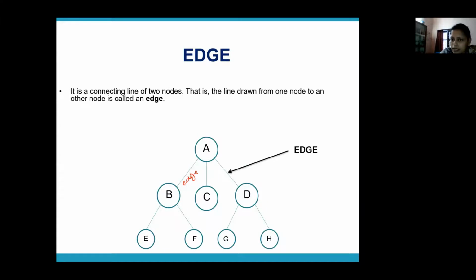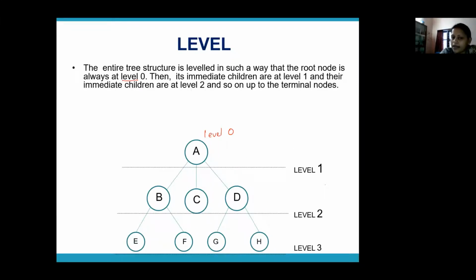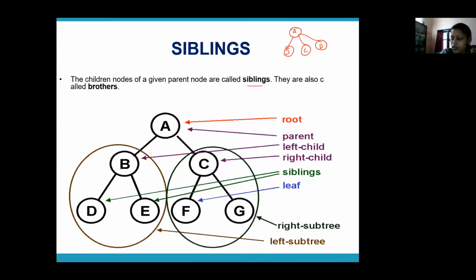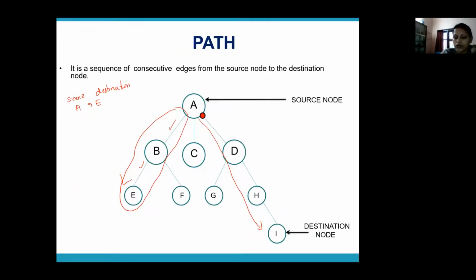Edge is the connection between two nodes. Level, the whole tree structure is leveled such that the root node belongs to level 0. The immediate children of the root node belong to level 1 and so on, right? Siblings, children of the same node are referred to as siblings. Path, it's a sequence of edges from a source node to a destination node, right?